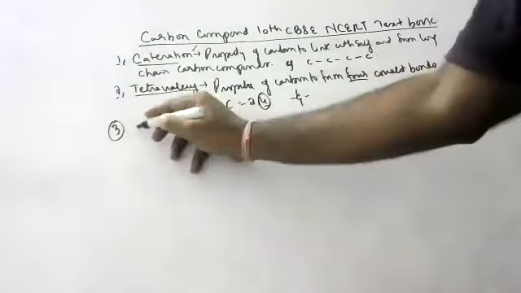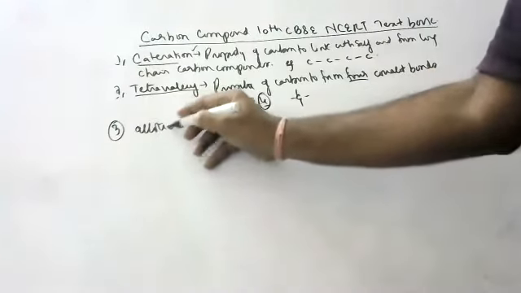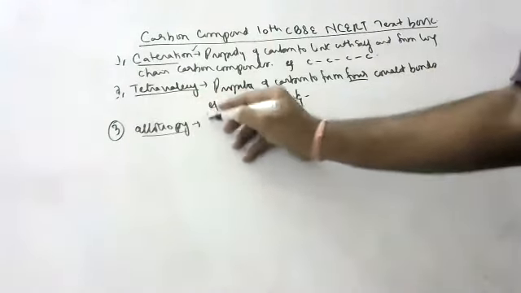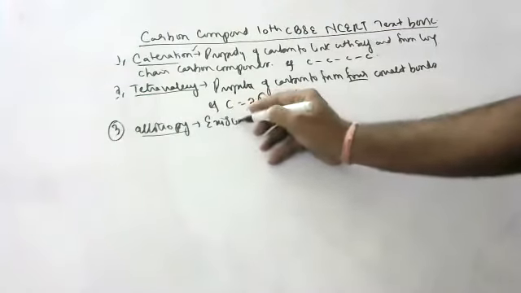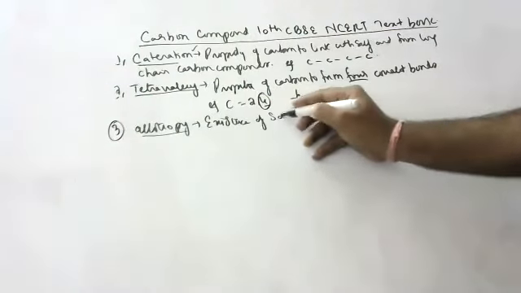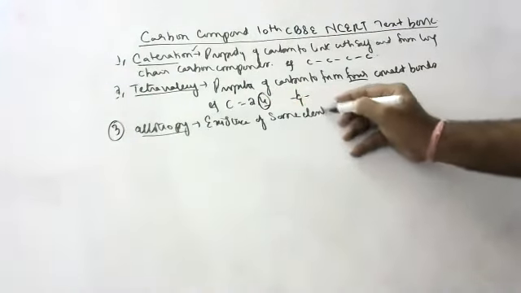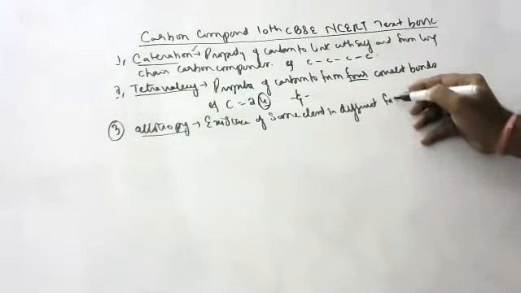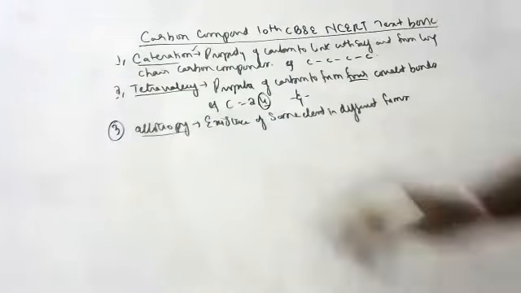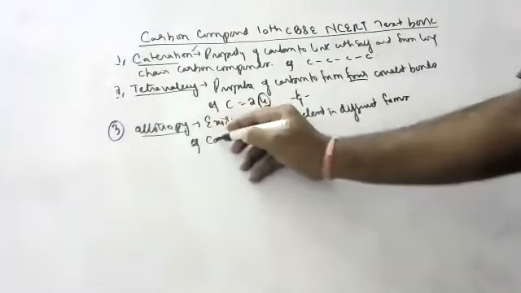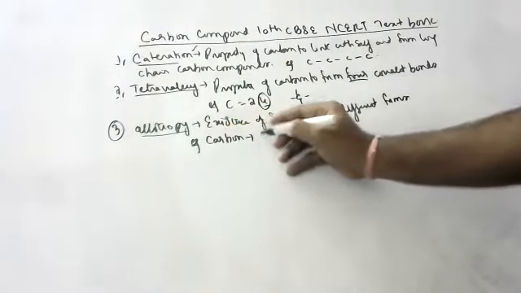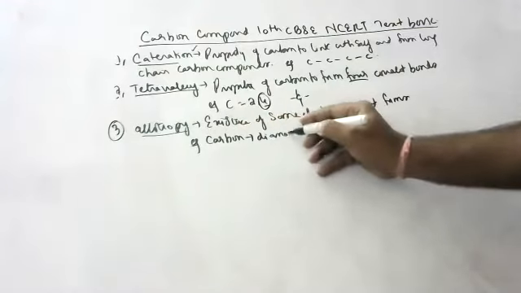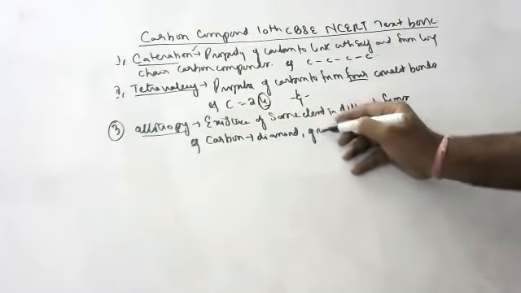Next one, allotropy. What is allotropy? Existence of the same element in different forms is called allotropy. If you take carbon, children, carbon is available in many forms. Diamond is pure carbon only.